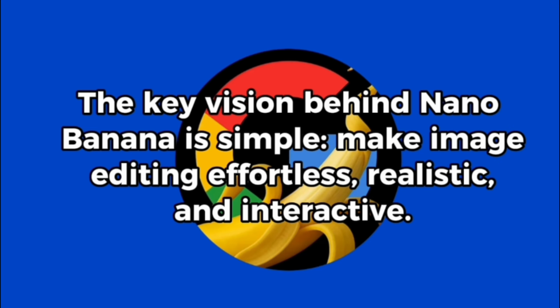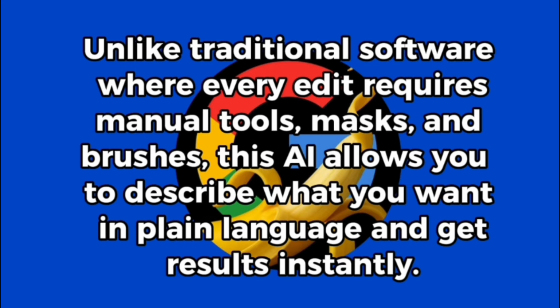The key vision behind Nano Banana is simple: make image editing effortless, realistic, and interactive. Unlike traditional software, where every edit requires manual tools, masks, and brushes, this AI allows you to describe what you want in plain language and get results instantly.